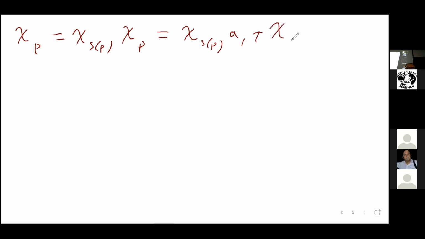Plus chi of SP A2. All right. And now if chi of SP is in A1, then A2 is equal to 0.